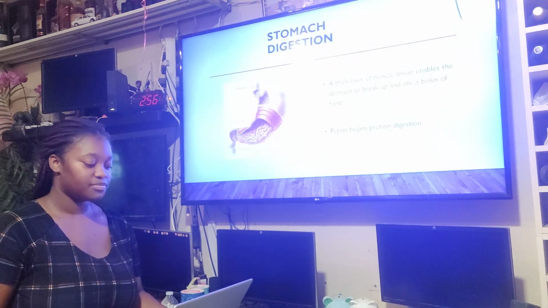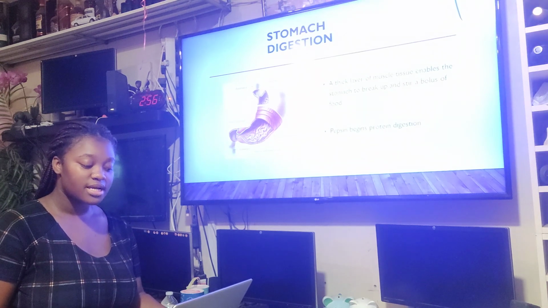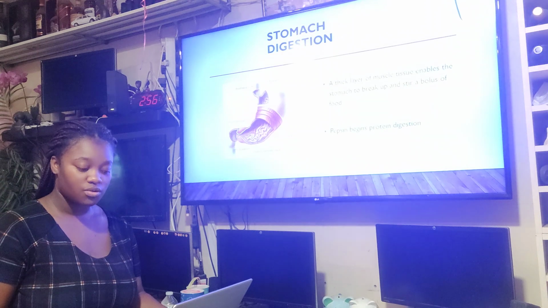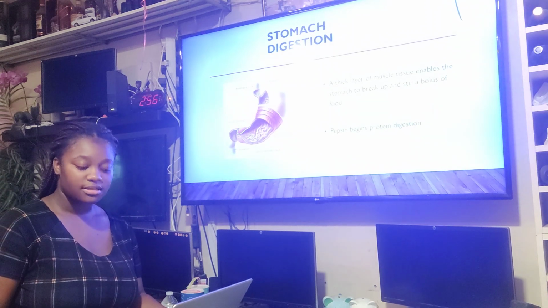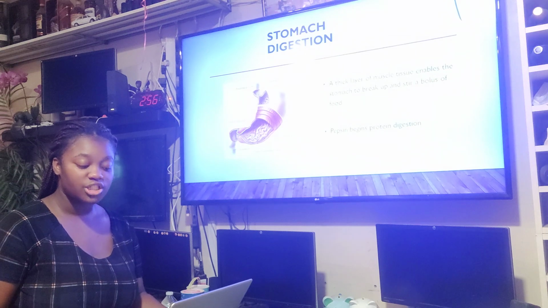Stomach digestion. When the bolus enters the stomach, it meets three layers of smooth muscle. The muscle layers move and turn the bolus into a semi-liquid chyme.